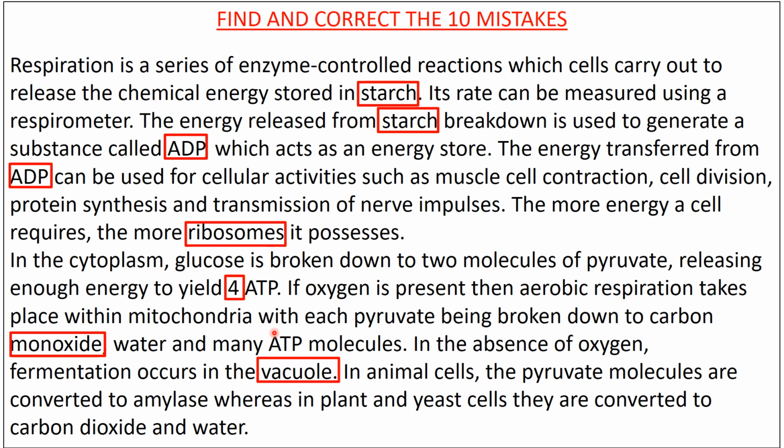That is a load of rubbish. That should be cytoplasm. In animal cells, the pyruvate molecules are converted to amylase, no, lactate or lactic acid, whereas in plant and yeast cells, they are converted to carbon dioxide and water. That's not right either. It should be carbon dioxide and ethanol.